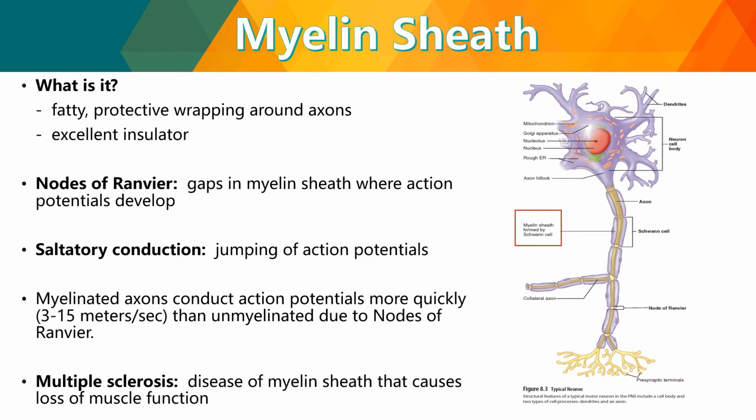There is what you call saltatory conduction, or the jumping of action potentials in the axon, and myelination of an axon increases the speed and efficiency of action potential generation by about 3 to 15 meters per second over unmyelinated axons. Multiple sclerosis is a disease of the myelin sheath that causes loss of muscle function. So if there's a disease of the myelin sheath, it would cause multiple sclerosis.